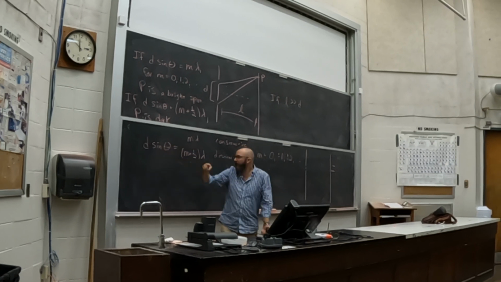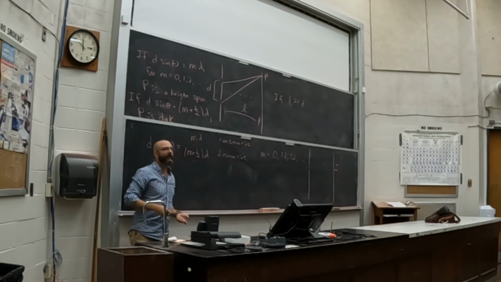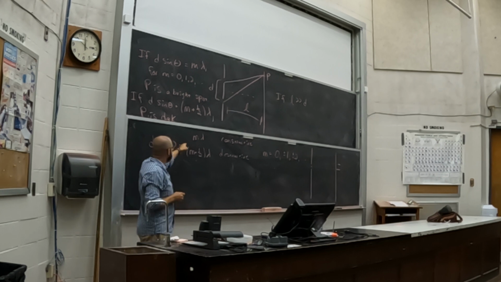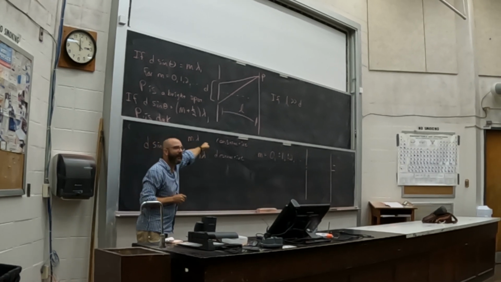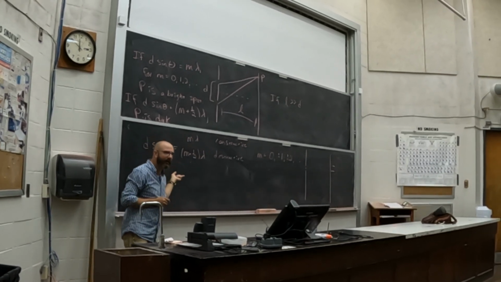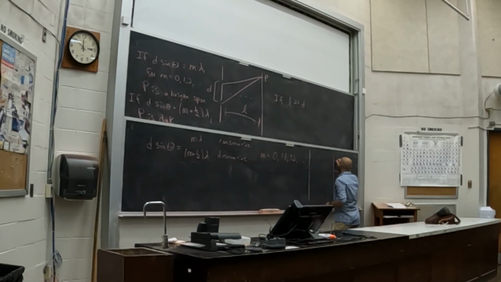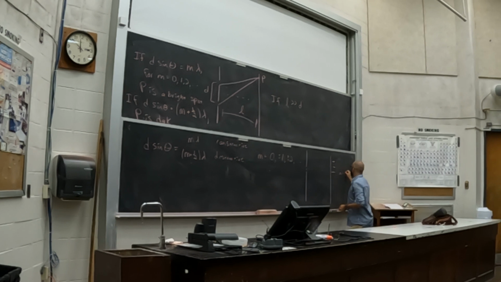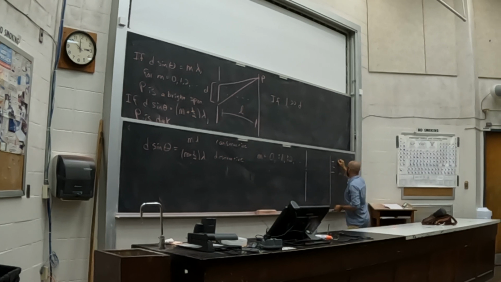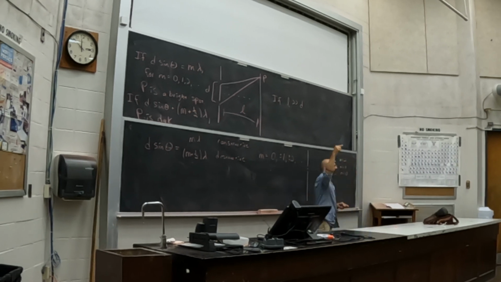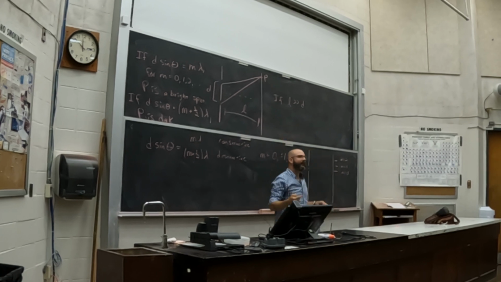It's another angle. Okay, keep on going. m is equal to 2. Well, it's going to give me another d sine theta is equal to 2 lambda. That means theta is some bigger positive angle, which means I've got another bright spot right here. So this corresponds to m is equal to 0, m is equal to 1, m is equal to 2, and so on and so forth. You see how that works out?